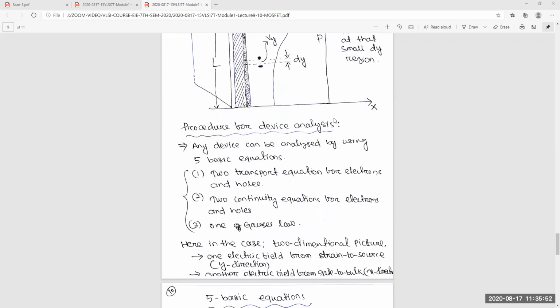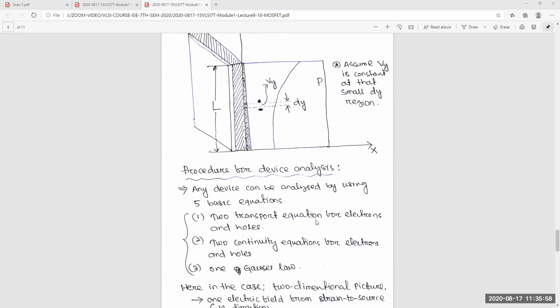Clear? So next is the continuity equation, for electrons and holes. What is the continuity equation? In this direction, the ID is always constant. Suppose current is flowing from drain to source. So everywhere the ID is constant or not? It's a single path, so the ID is constant.